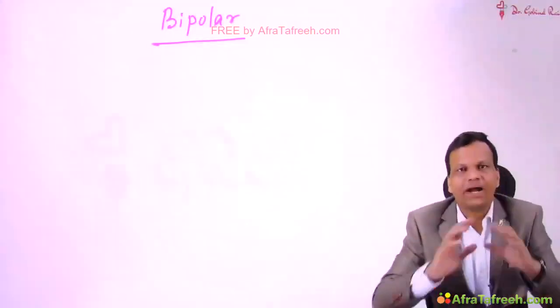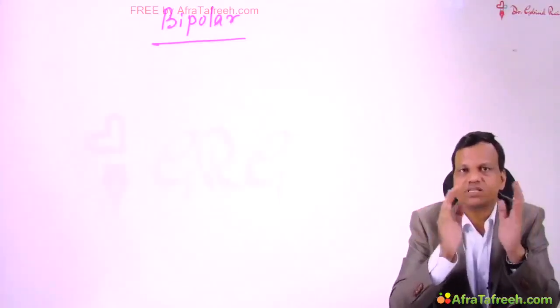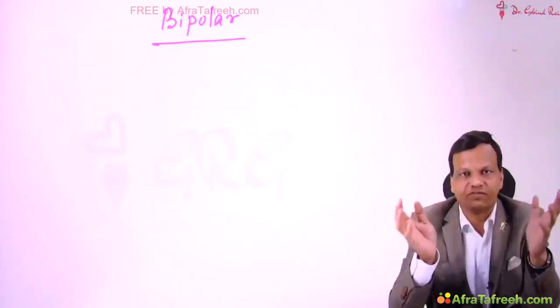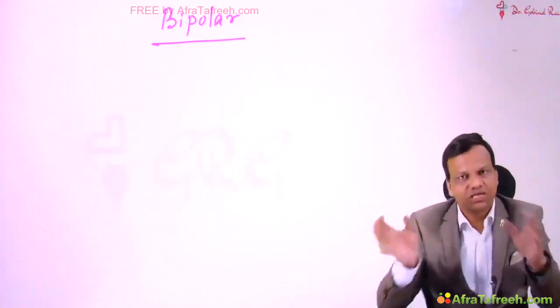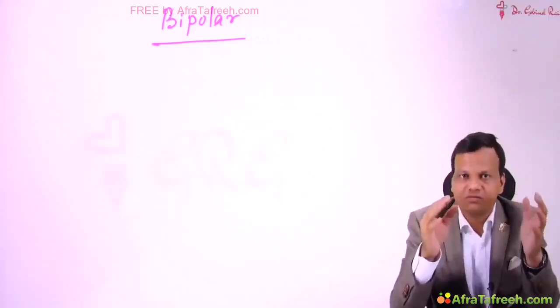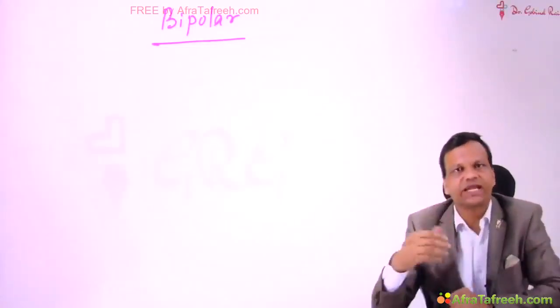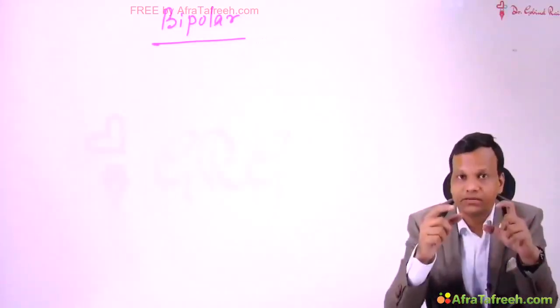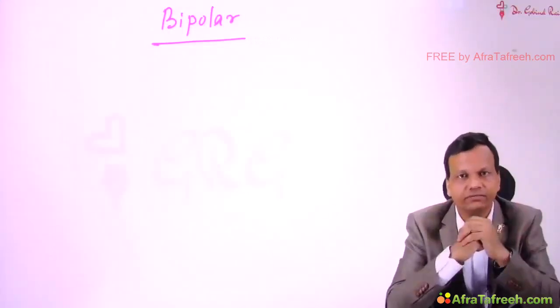Now moving to bipolar disorder. As the name tells, in this condition the person has both poles in life. Sometimes the person is in mania, sometimes in depression, but sometimes the person is normal also. So when the person is in mania, we will treat like mania. Whenever the person is in depression, we will treat like depression. But when the person is normal, will you like to give any drug?